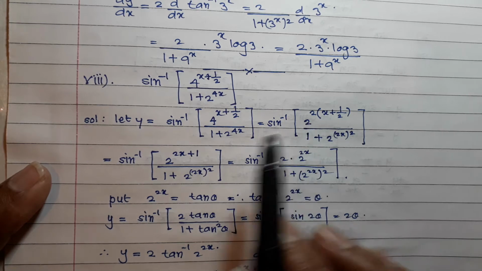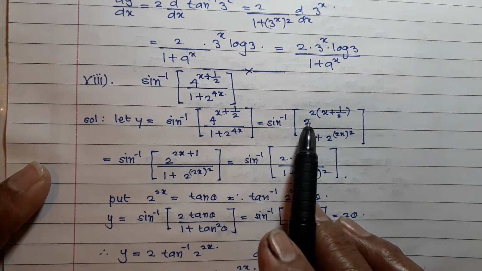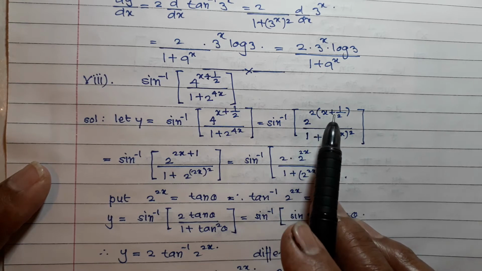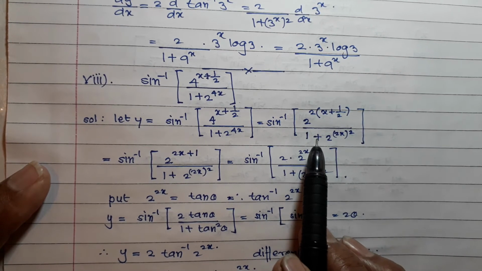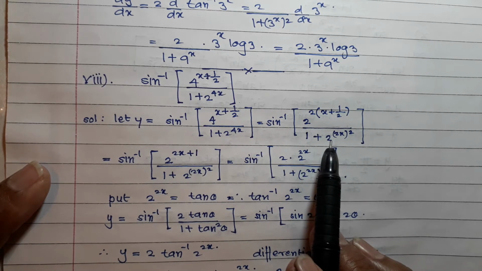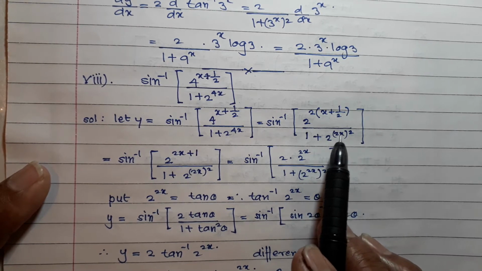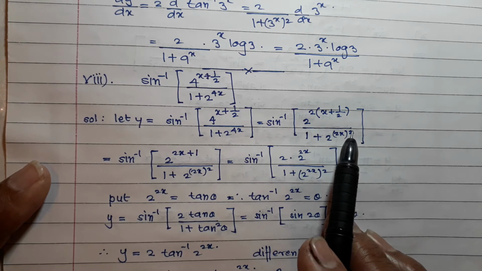So 4 is 2 square, therefore 2 square into (x plus 1) upon 2 upon (1 plus (2 raised to 2x) raised to 2).